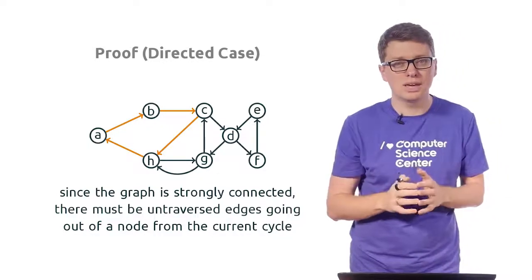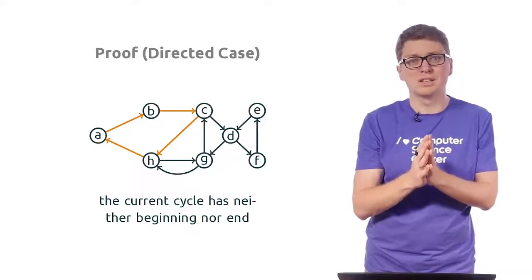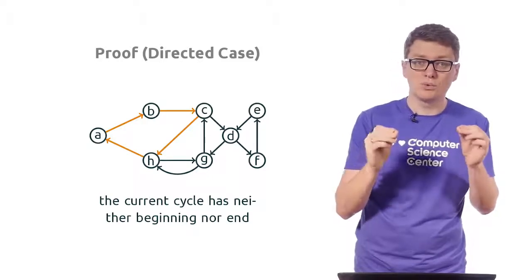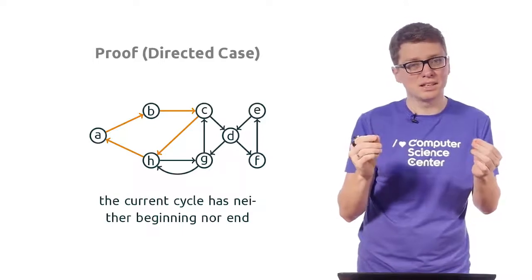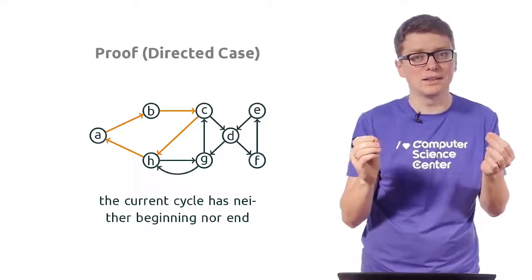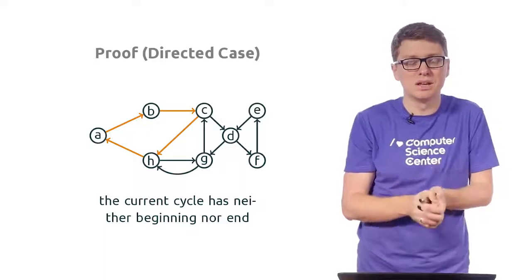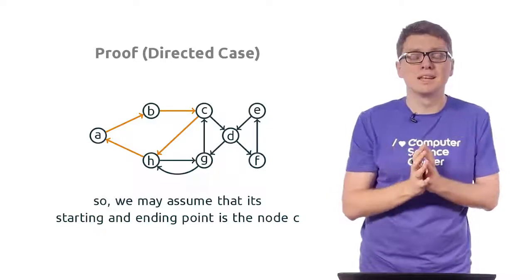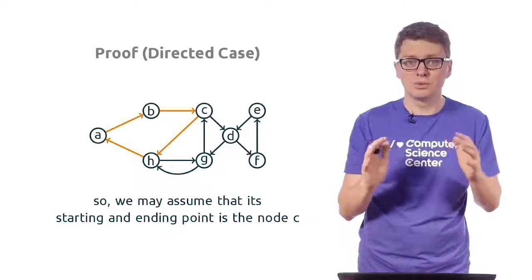So in our case, one of such nodes is actually the node C. And also note at the same time that now we have a cycle, and for a cycle there is no beginning and no end, right? So we can start traversing this cycle from any of its nodes. For example, let's assume that we've started to traverse this cycle from the node C.